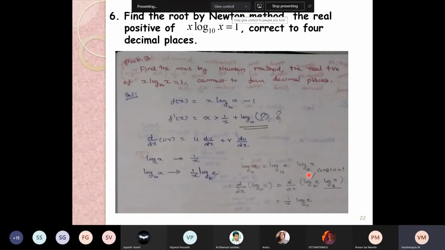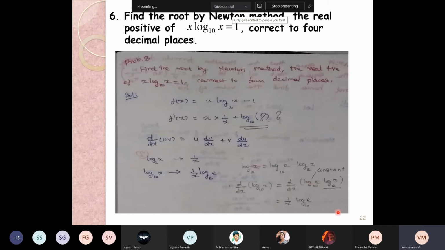That is, d by dx of log base 10 x is 1 by x times log base 10 e. Log base 10 e is a constant, so don't worry about the constant. We know if it is 2 log x, 2 is kept outside, and the derivative of log x is 1 by x, therefore we get 2 by x.